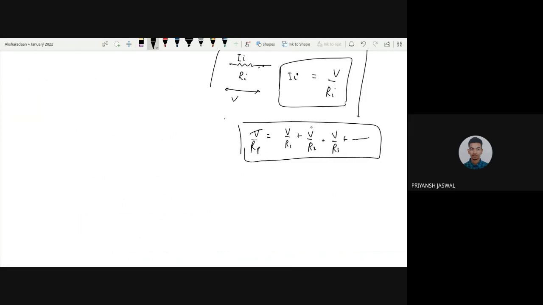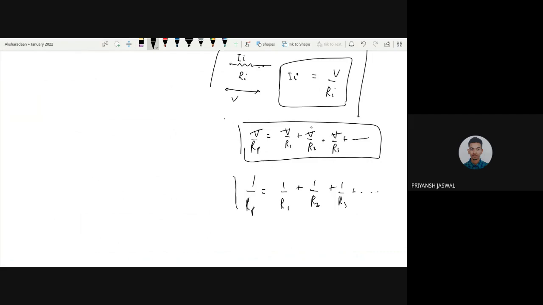So from here, V is common and will be cancelled out among all the terms. We get the reciprocal of the net resistance is equal to the sum of the reciprocal of individual resistances.